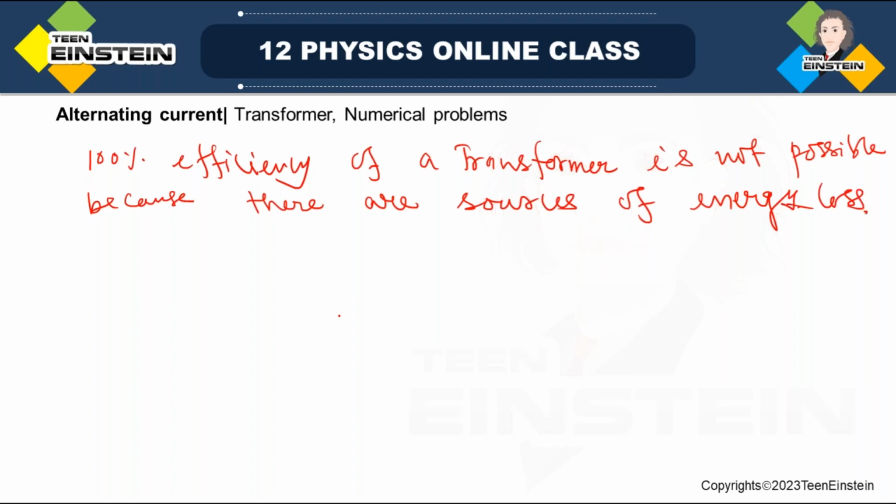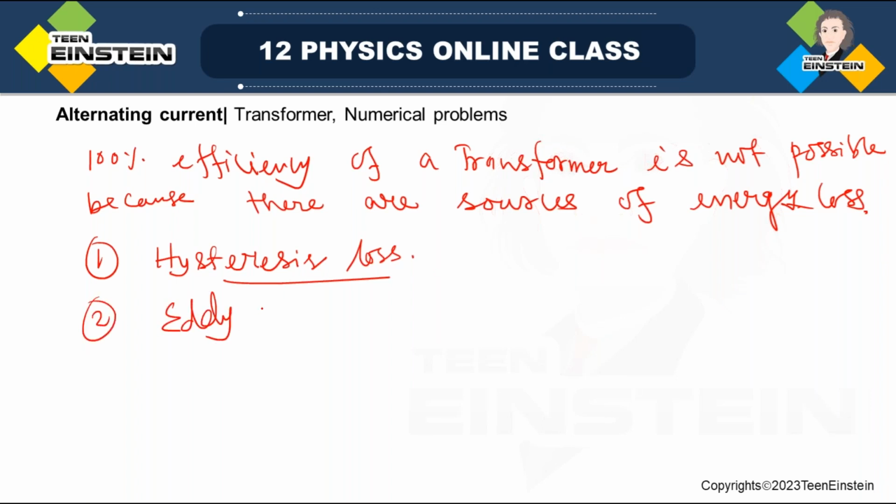What are the sources? The main sources are like this, though there may be many others. The main source is hysteresis loss. We have already discussed this magnetic hysteresis loss, because the core material is a magnetic material. So magnetic hysteresis loss is one source. And eddy current loss, which we have also already discussed, will be there in the core.